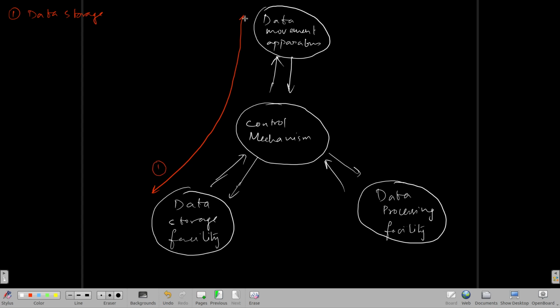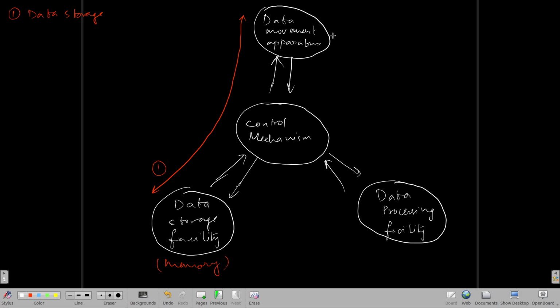We are using the data movement apparatus to move data to and from the storage facility. Right, the storage facility, what is basically it can be memory. It can be the RAM, primary memory, or secondary memory.